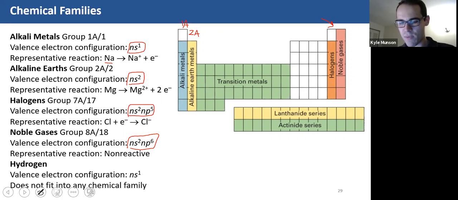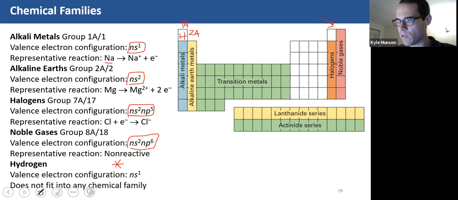And then finally, I just want to mention hydrogen. He's here, okay? And hydrogen doesn't fit into any chemical family. So even though it has an ns1 configuration, hydrogen is special. It's not really an alkali metal, even though it's found in the same column here. So just keep that in mind, that hydrogen here is special.